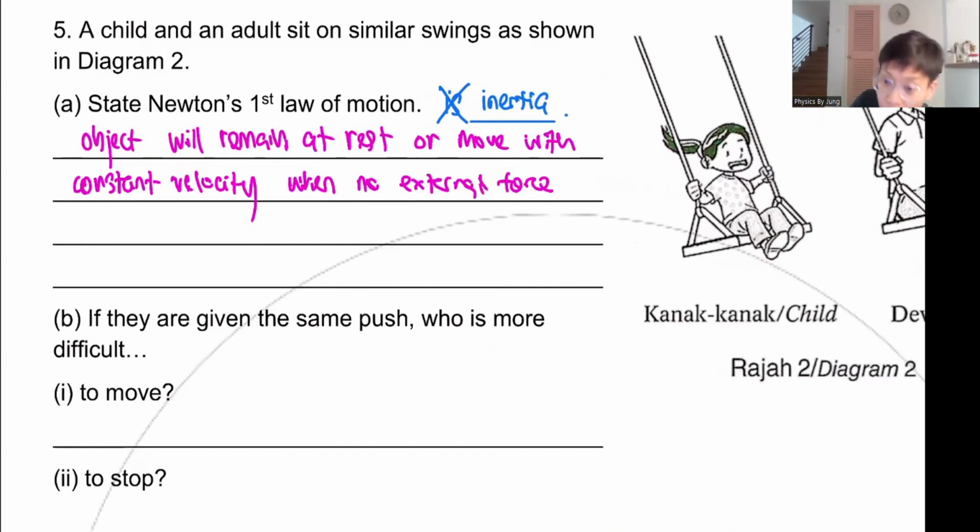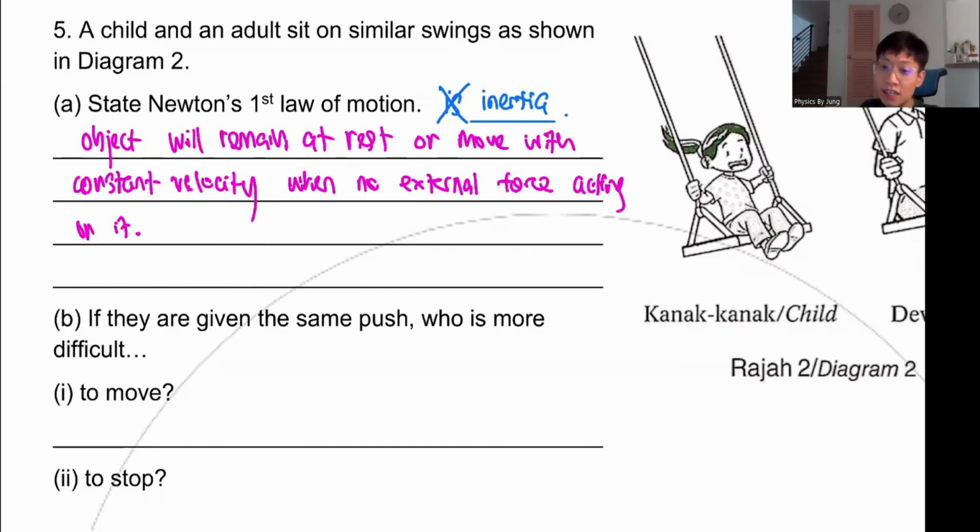Certain books, they write no resultant force. So resultant force and external force is the same thing. When there's no external force acting on it, this object will remain. So if it's starting at rest, it will remain at rest.